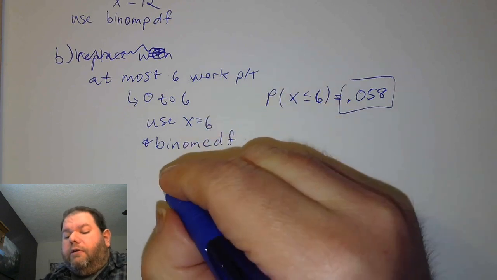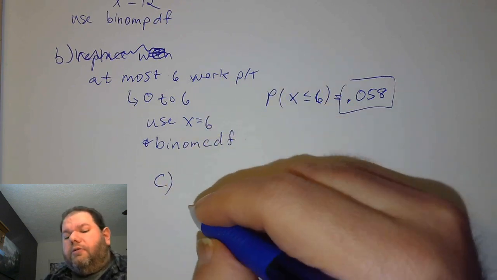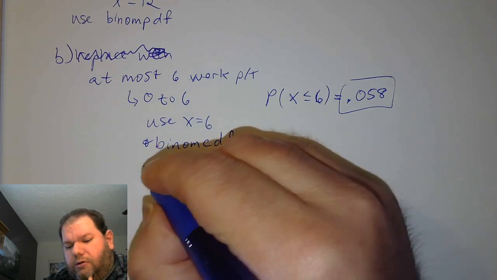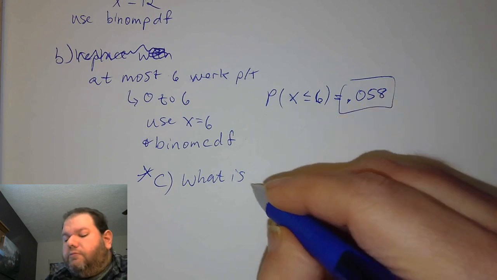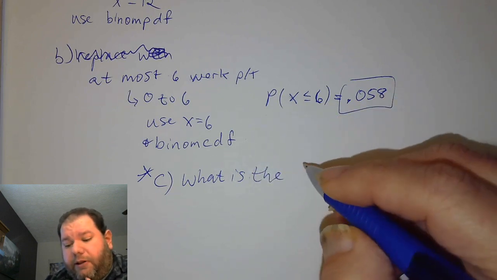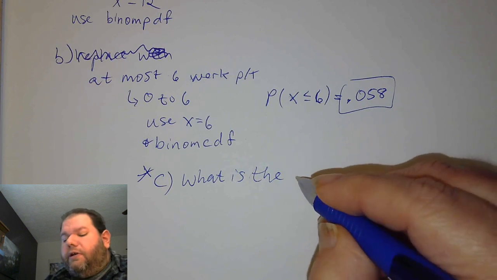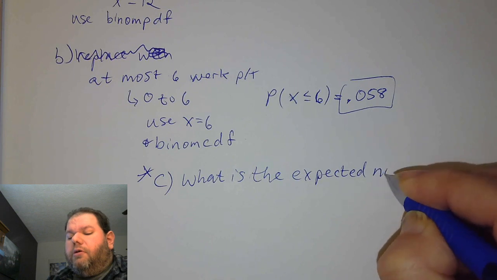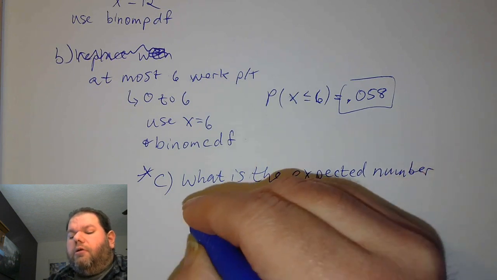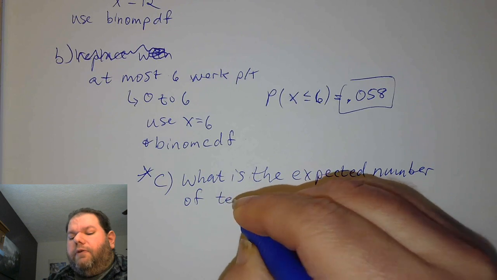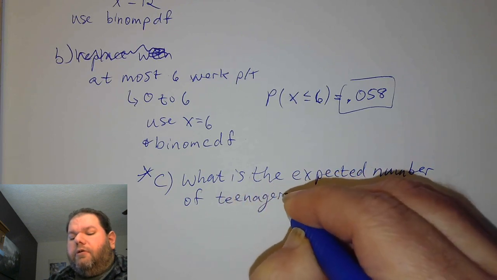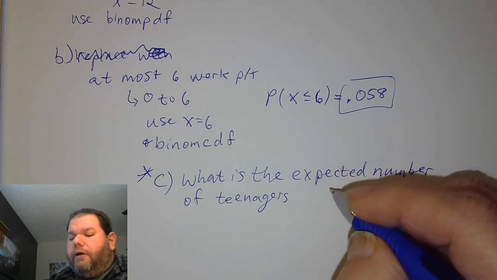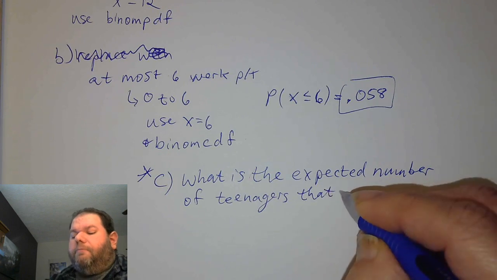Now part C, that's the one I'm replacing. So let's change the question to something like this. What is the expected number of teenagers that have a part-time job?